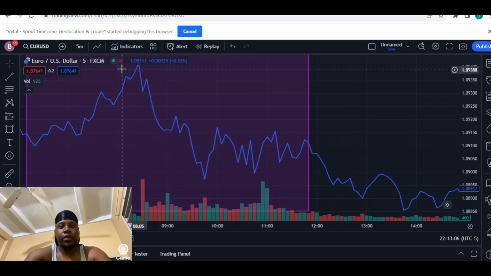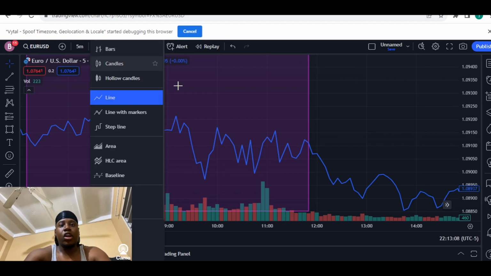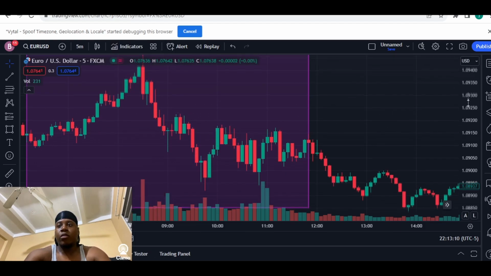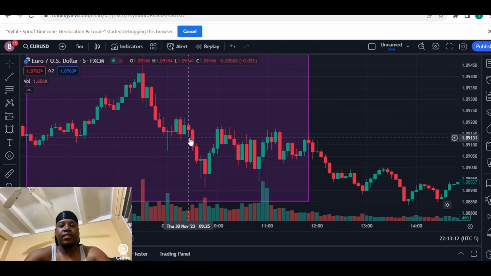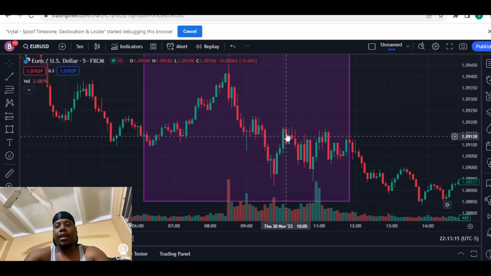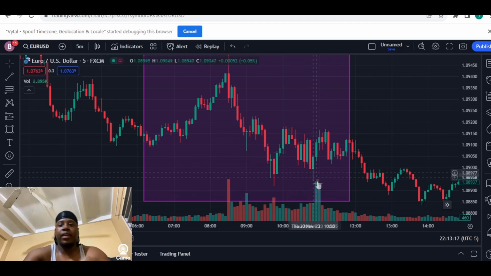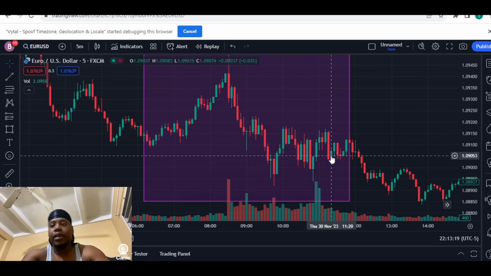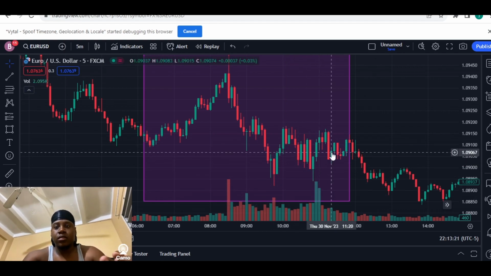You can see there's a swing. So it made a lower high, and as I said, when the market makes a lower high, it is now expected to make a lower low, and then another lower high, then another lower low, another lower high, another lower low, until one of the highs is taken out.